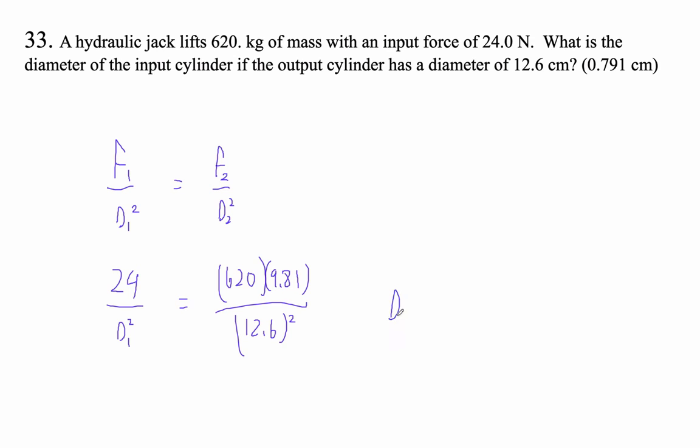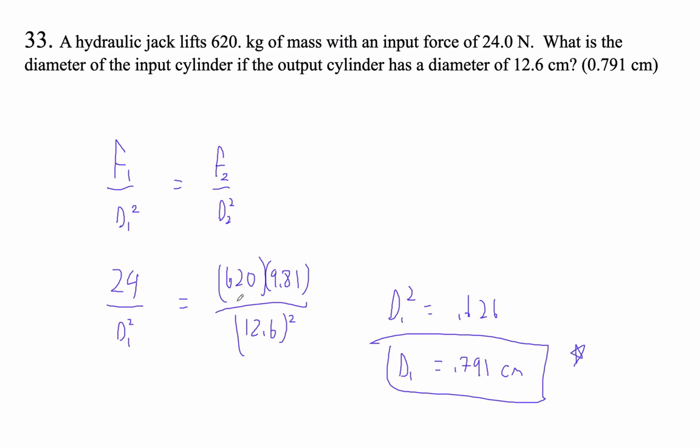So I've got d1 squared equals 0.626, right? And then I just have to square root it, second square root, second answer. And I get that D1 is equal to 0.791 centimeters. Ta-da. Notice I didn't even convert centimeters to meters. Anyway, that's pretty slick.